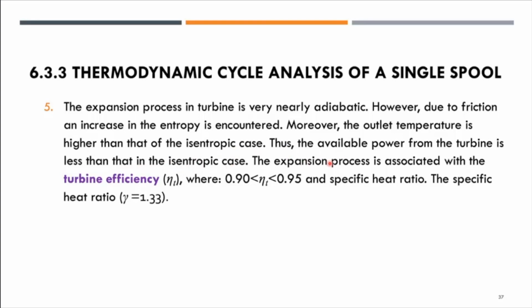Okay, so the expansion process is associated with the turbine efficiency zeta T, okay, where zeta T sits in between 0.9 to 0.95, and the specific heat ratio is gamma equal to 1.33.